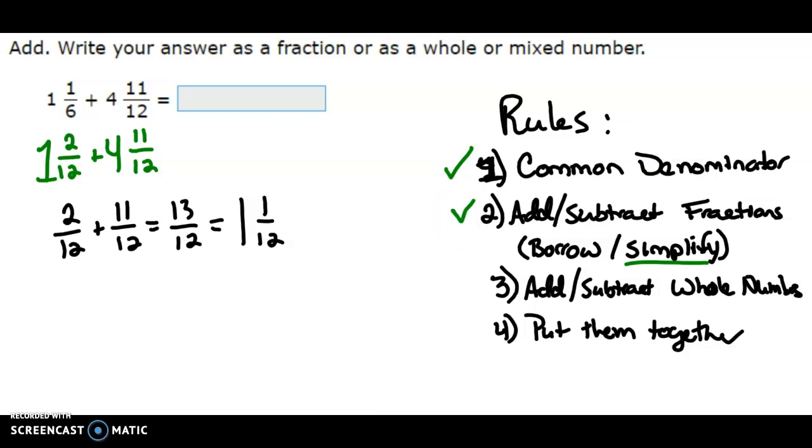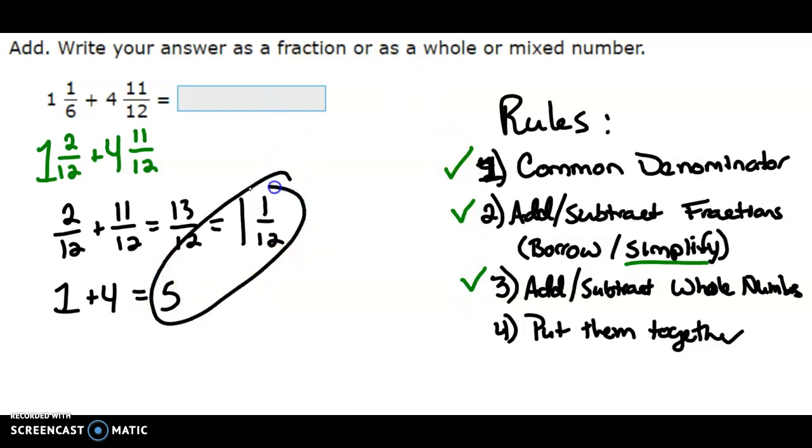Step 3 is to add or subtract our whole numbers. So we have 1 plus 4, which equals 5. And step 4, put them together. When I put a 5 with a 1 and 1/12, I wind up getting 6 and 1/12. And that is my answer.